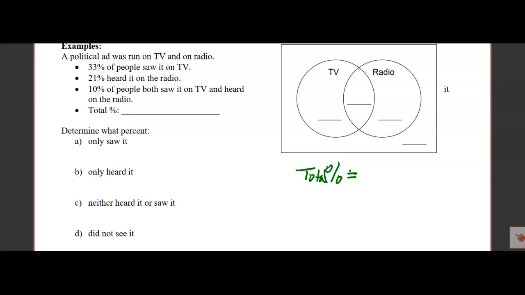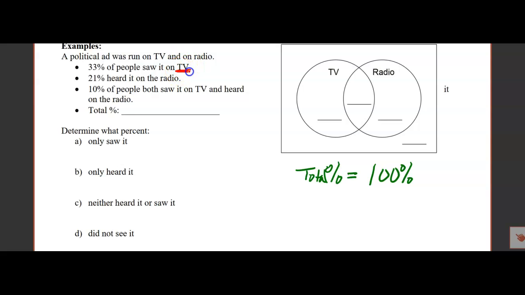What is my total percent always? Okay, so of the people I've surveyed, if I surveyed 10 people, that's 100%. If I surveyed 900 people, that's 100%. I don't know how many people I surveyed, but essentially all of them together make up 100% of my sample. Okay?